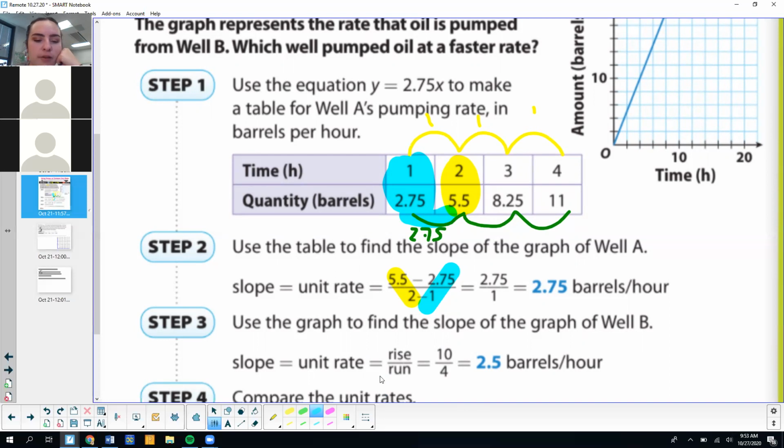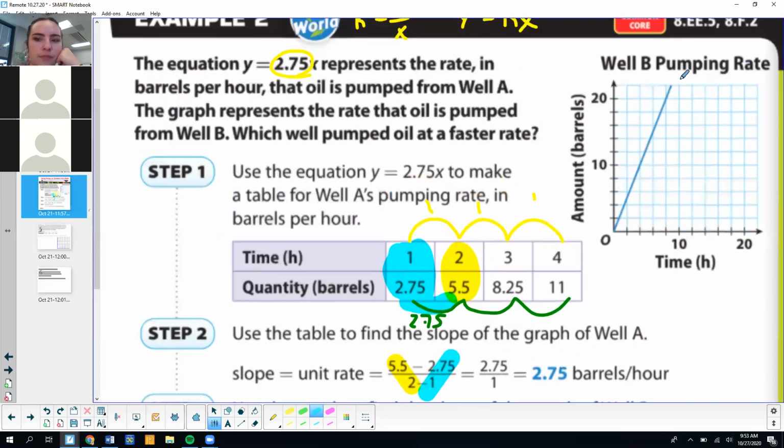If we're taking rise over run for well B, I'm going to pick a point. Let's see. I'm going to pick this point right here and this point right here.